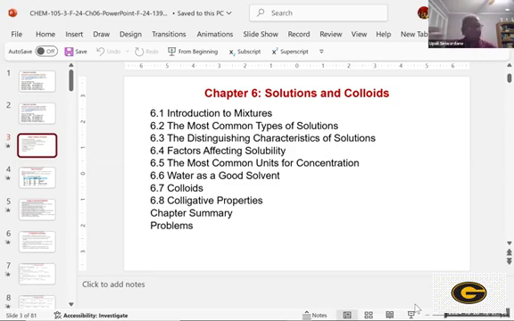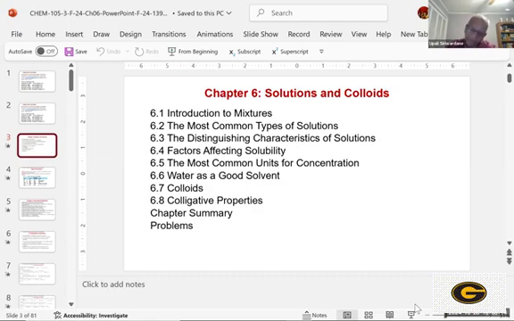Two metals can mix up homogeneously and form a homogeneous mixture. We're going to look into that. We're also going to look into factors affecting solubility. That means how two substances mix up in each other.